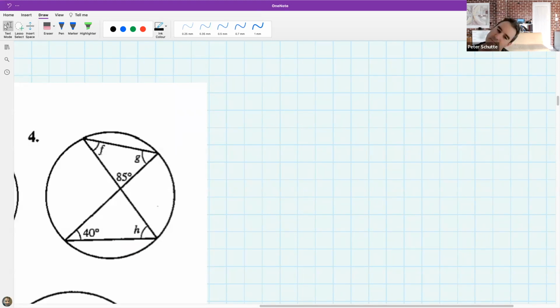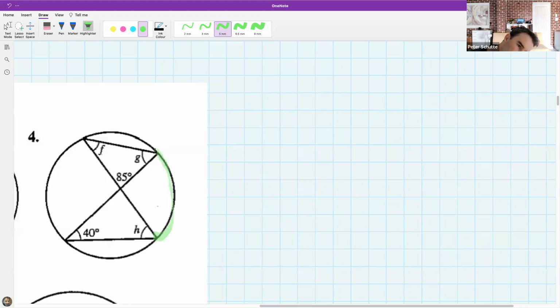So I think F will be 40 because of the opposites, because they are in the same segment. Okay, so you're saying F was 40. Okay, let's have a look.